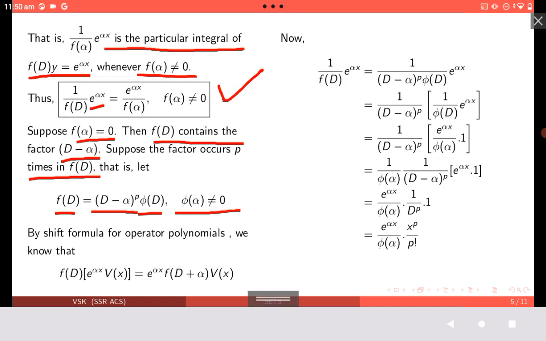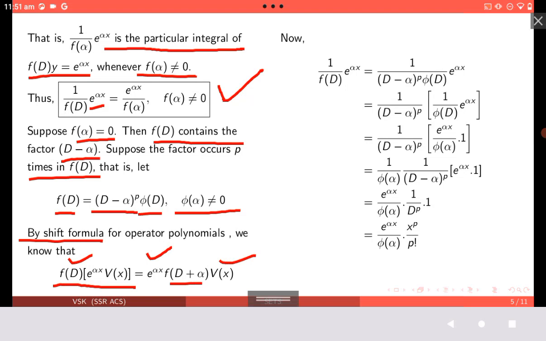Now we know the shift formula. By the shift formula, when F(D) is operated on e to the power alpha x into v(x), then e to the power alpha x comes out, and D becomes D plus alpha, and this is operated on v(x). So this is the formula.